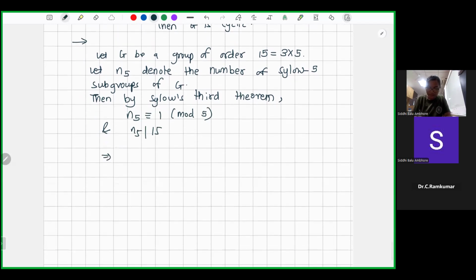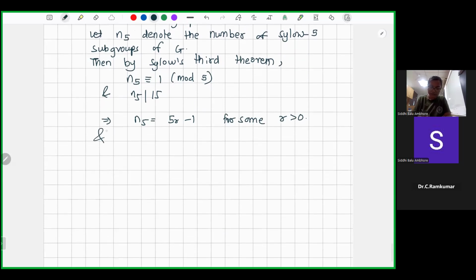So from here I have N5 is 5R plus 1 for some R, and this now divides 15.